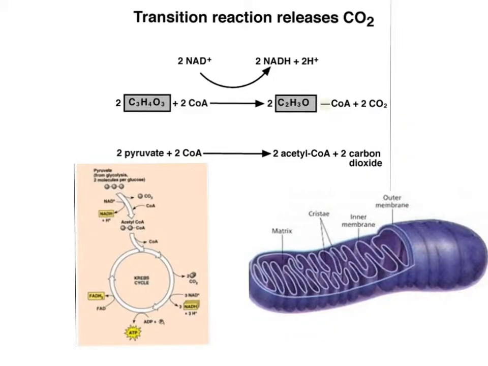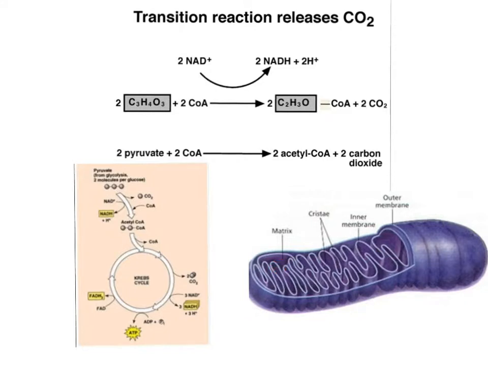So between glycolysis and the Krebs cycle is a transition reaction in which pyruvic acid is converted to acetyl-CoA and 2 CO2 molecules are removed. Remember that glycolysis occurs in the cytosol outside of the mitochondria, and the Krebs cycle occurs in the open area or the matrix of the mitochondria.